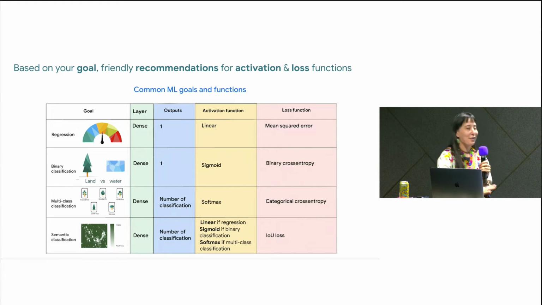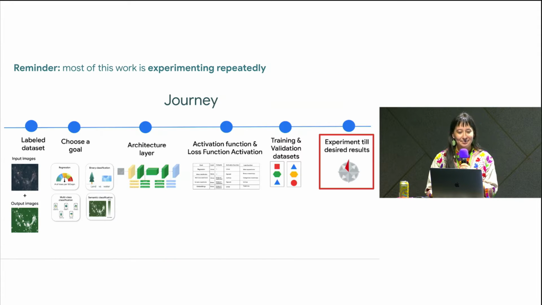FYI, since a lot of this is brute force experimentation, we put a nice little table together for you, depending on your goal, showing which activation function and which loss function to use, if this is helpful. You can check this out later, or if you're watching the recording, you can pause it or check the slides. And again, after choosing your layers, you will split your data into training and validation data sets, which I'll talk more about in a little bit. But just remember that all of this work is about experimenting repeatedly until you reach your desired results.